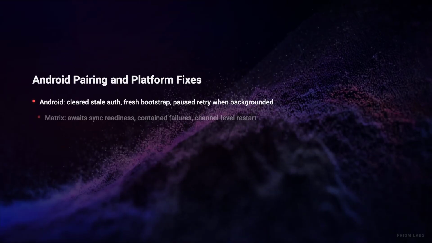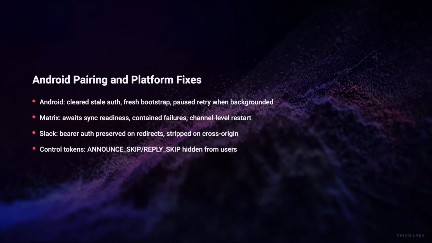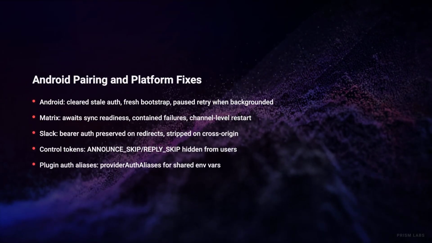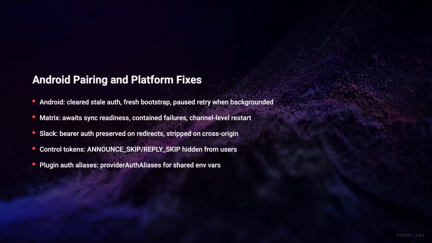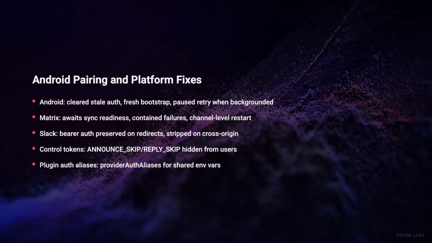Android pairing got a significant overhaul that addresses the most common complaints from mobile users. The system now clears stale setup code auth on new QR scans. Previously, old pairing data could interfere with new connections.